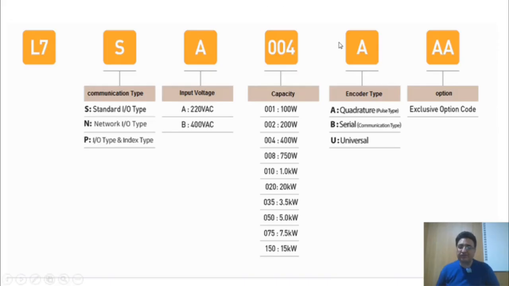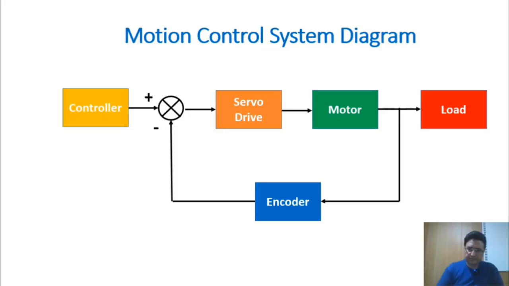And if we use the letter U, we can connect all motors, whether they have incremental or absolute encoders, to this drive. The very last letter is also a viable option. If you want to purchase several different drives from LS and you have a very specific option in mind, you can certainly add that particular option to the drive, and we can then add it at the very end here.